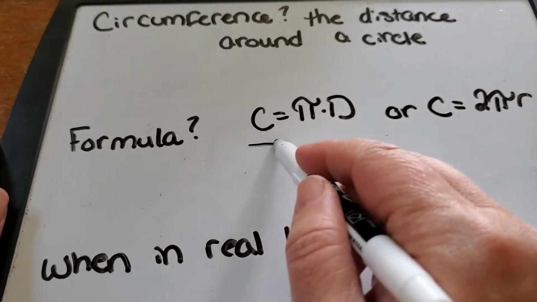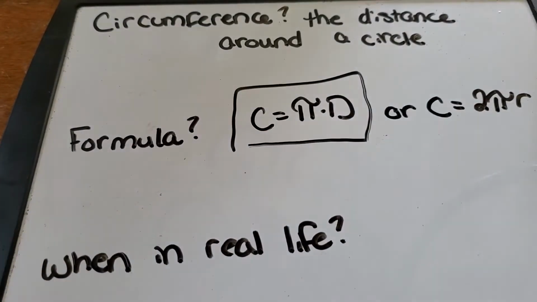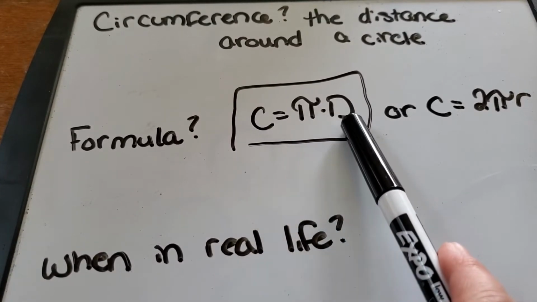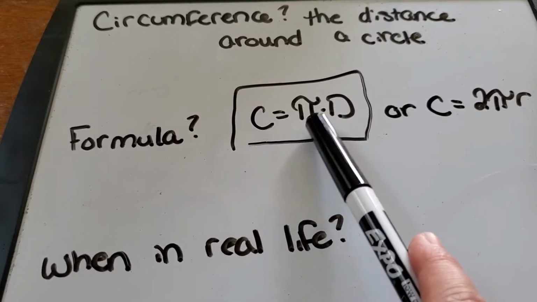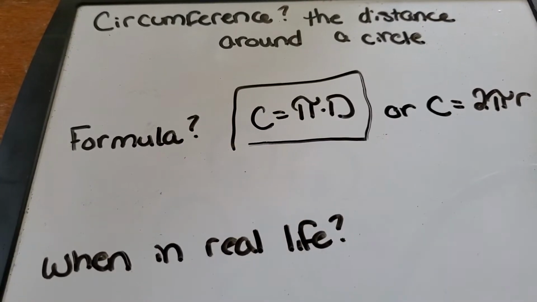Now, I feel like this one is easier to remember, so that's the one that I focus on. And I even have a little saying to help you remember that. Coffee, pie, and donuts. Coffee, pie, and donuts can help you remember that circumference is pi times diameter.